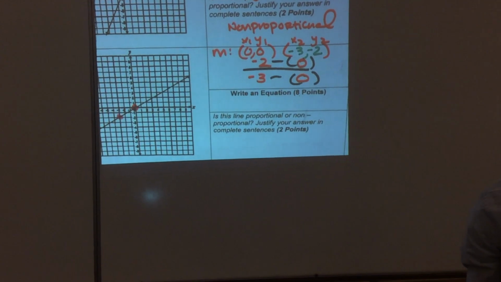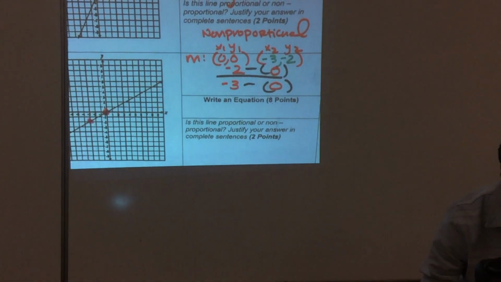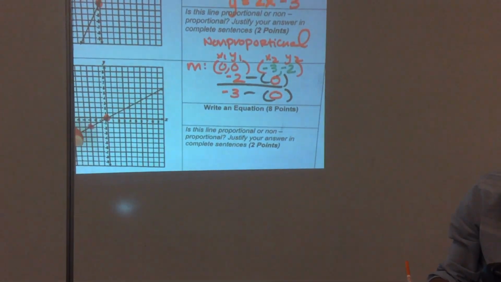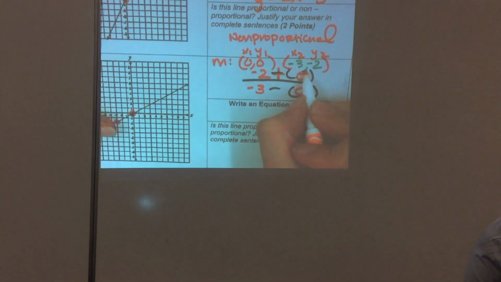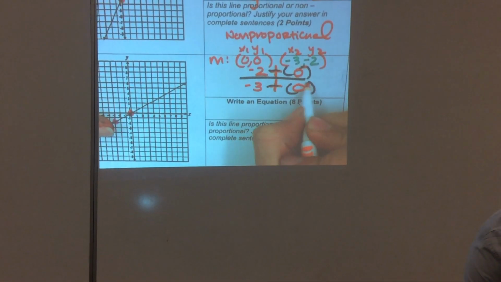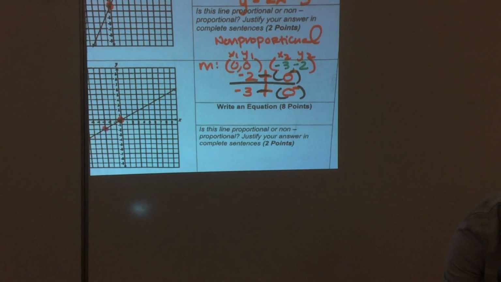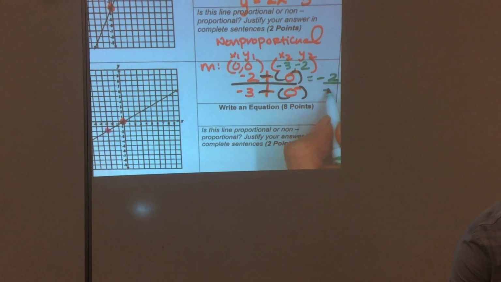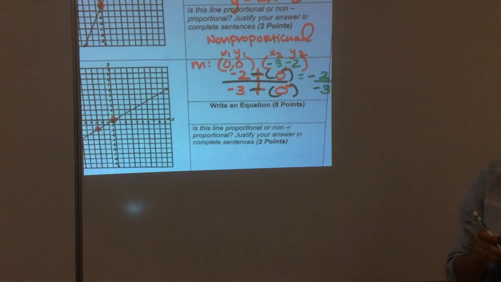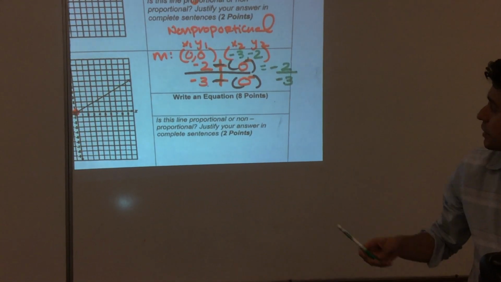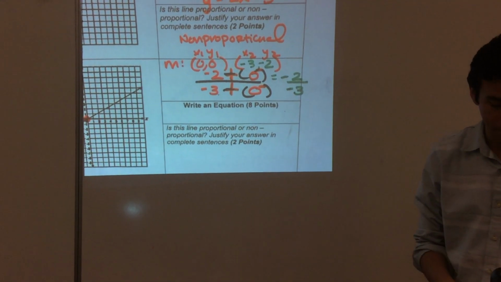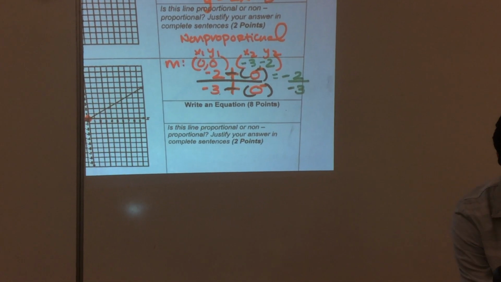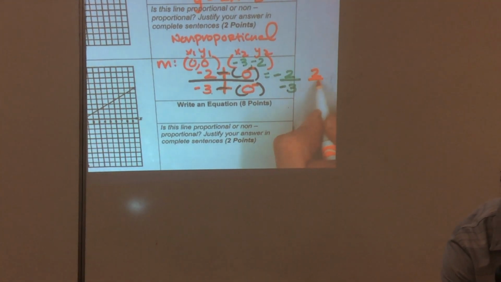What do I do next? Same change. -2 plus 0 is just -2. -3 plus 0 is -3. I got a special case. What happens if you have 2 negatives right here? They become positive. So technically the right answer should be 2/3.